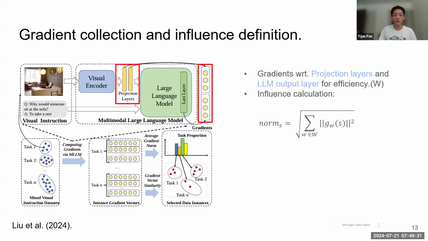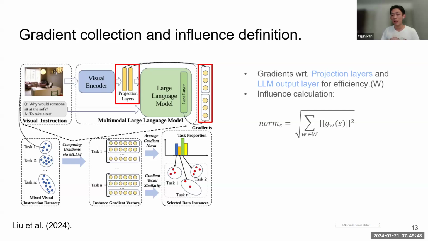In this paper, the authors are interested in vision language models, and the influence is defined to be the norm of gradients, which is not usually familiar.